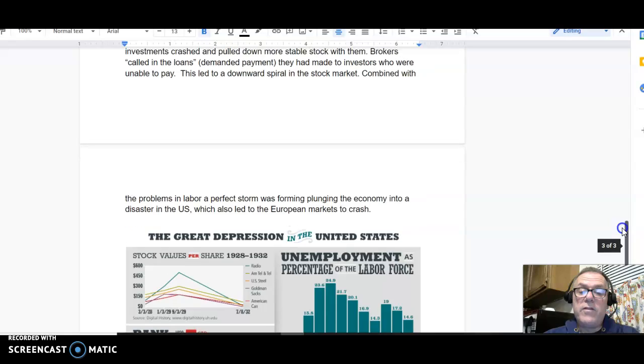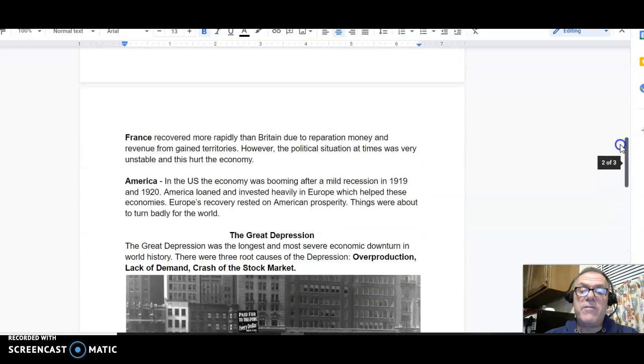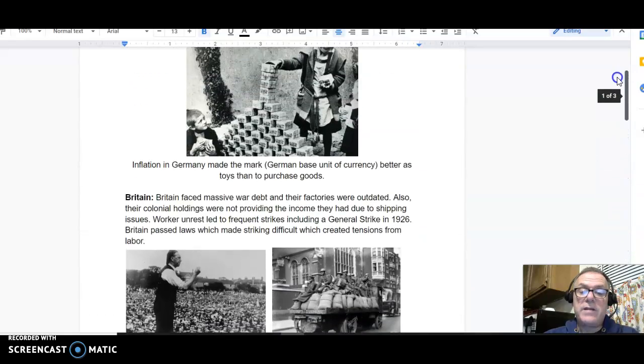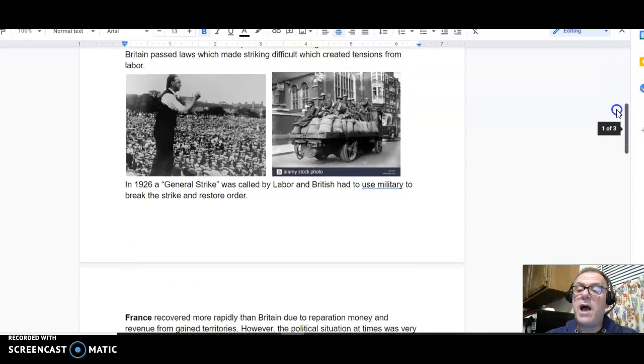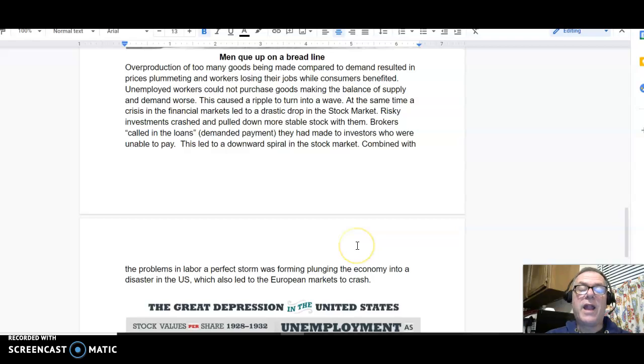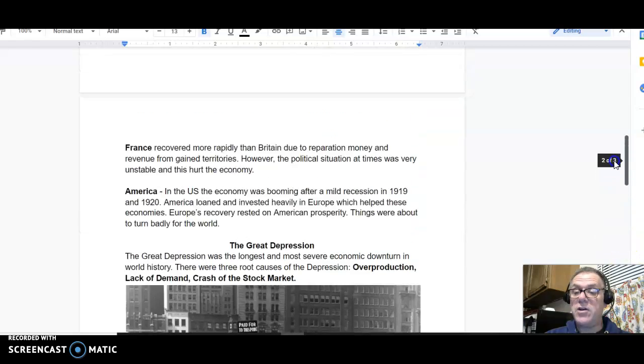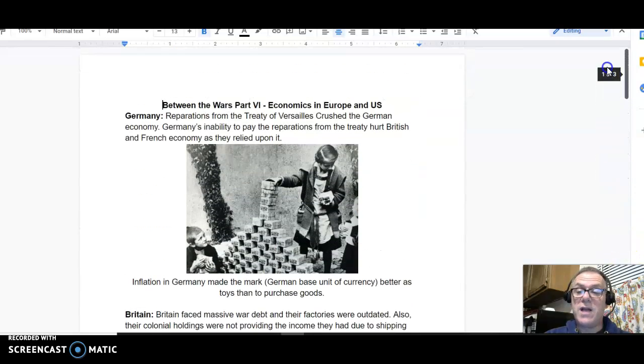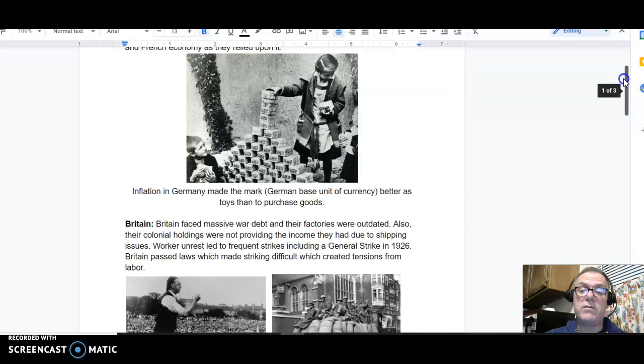But this is basically what happens, and you see from the pictures the bad positions that the European economies are in. And what happens is this leads to a lack of trust of the governments and the democracies that exist in the United States and in Europe at this time. Germany was not under Hitler at the time. It was still a democracy.